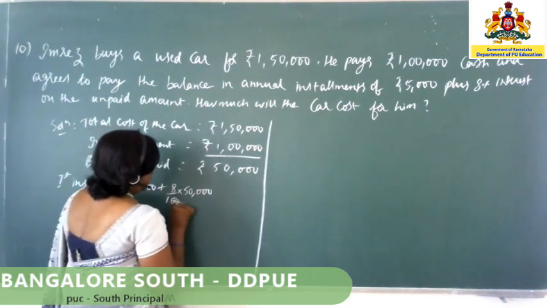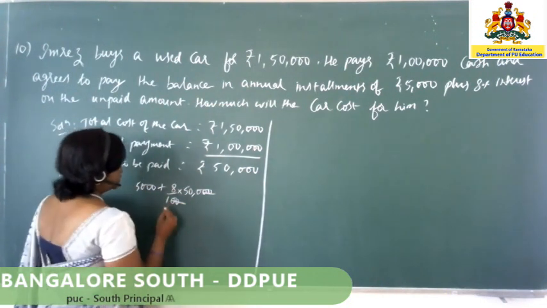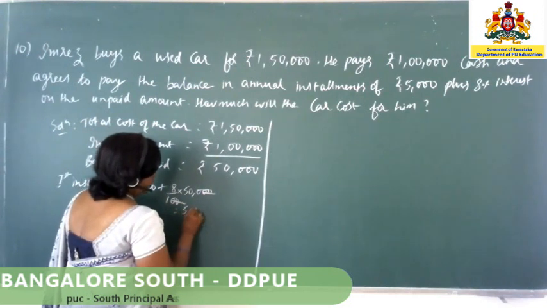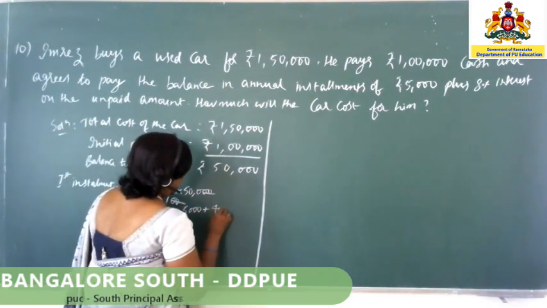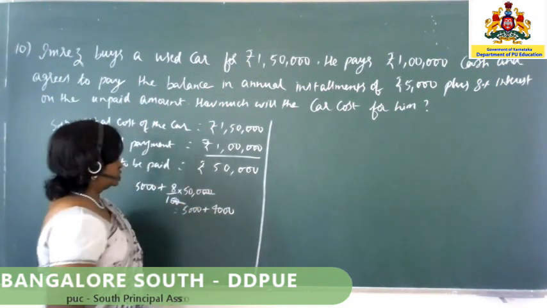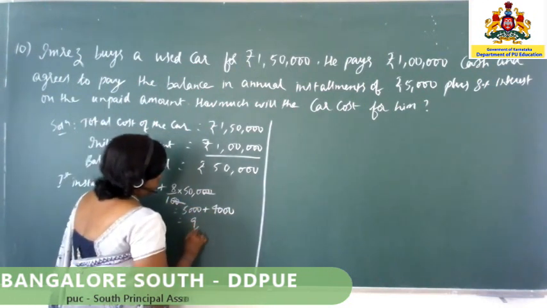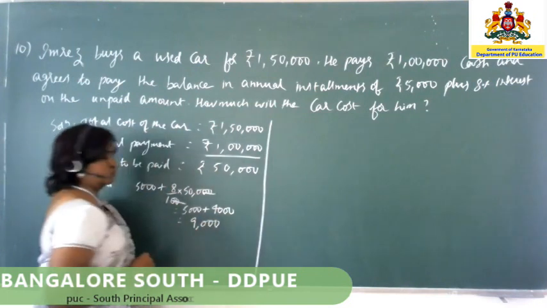So the zeros cancel. That is equal to 5,000 plus 8 into 5, 40. So 5,000 plus 4,000, that is equal to 9,000.